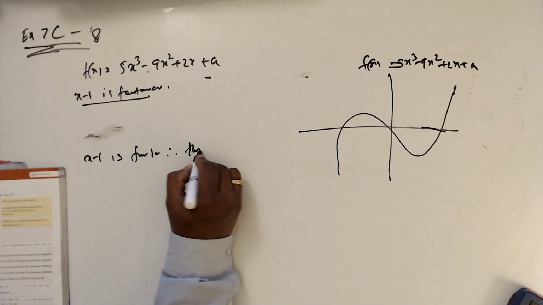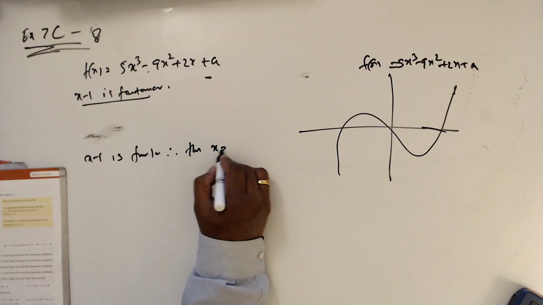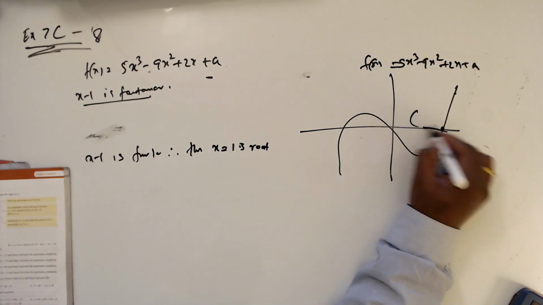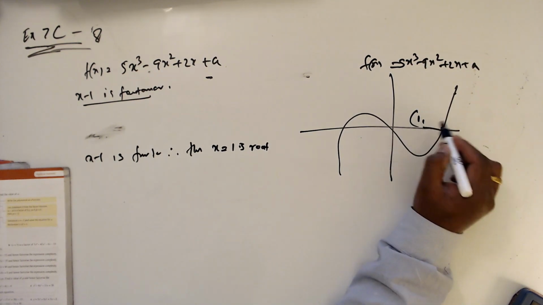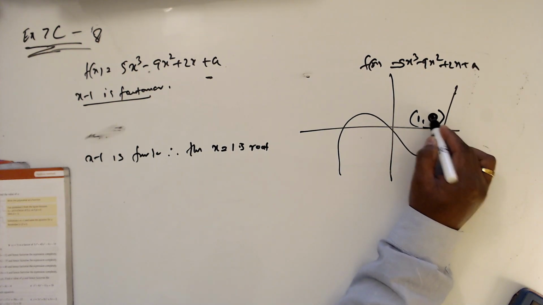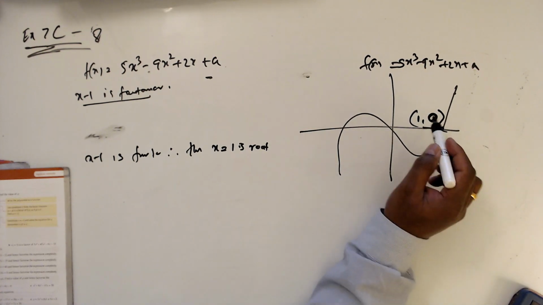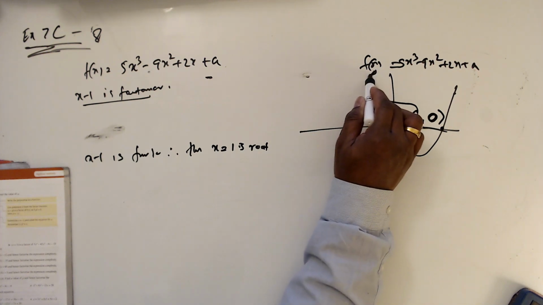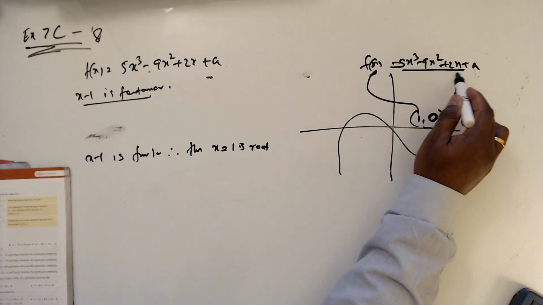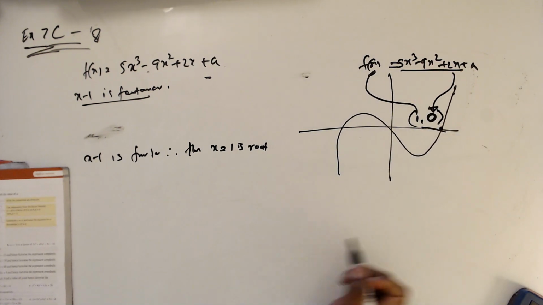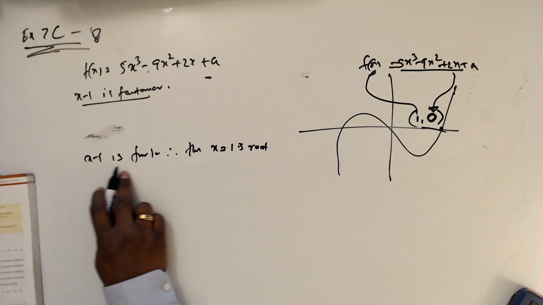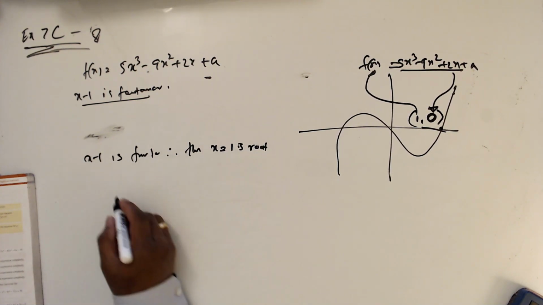Then x equal 1 is a root, and the y value has to be what? 0. When you substitute x equal 1 into this equation, this value has to be 0.